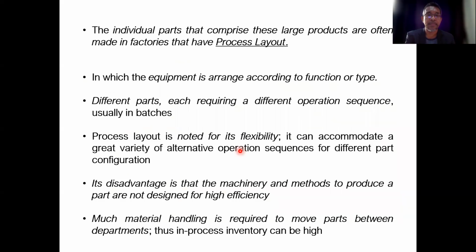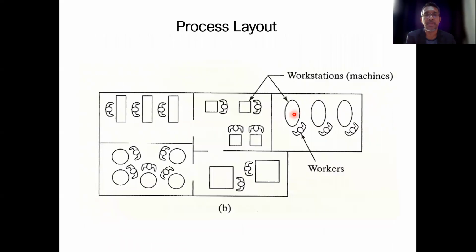And then the different parts each require a different operation sequence and usually in batches. So they have different parts in these different sections, and they also use specific tools and specific machines. Of course, the workers also have different skills to work here.